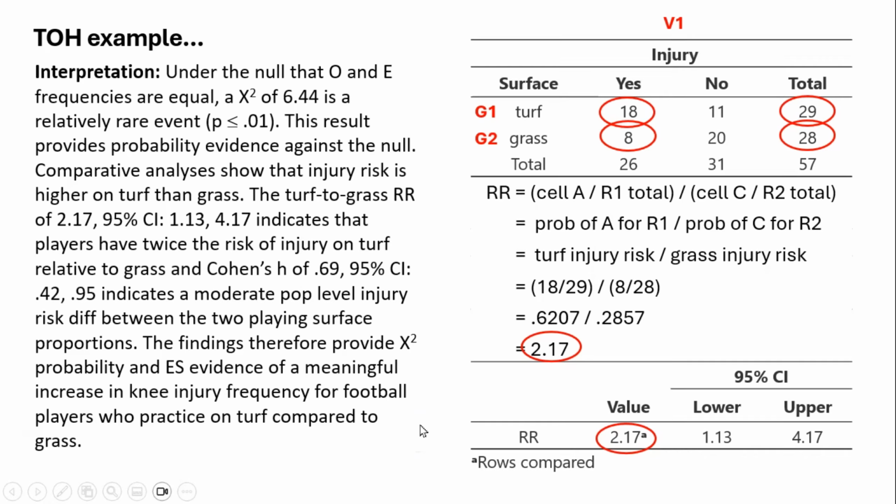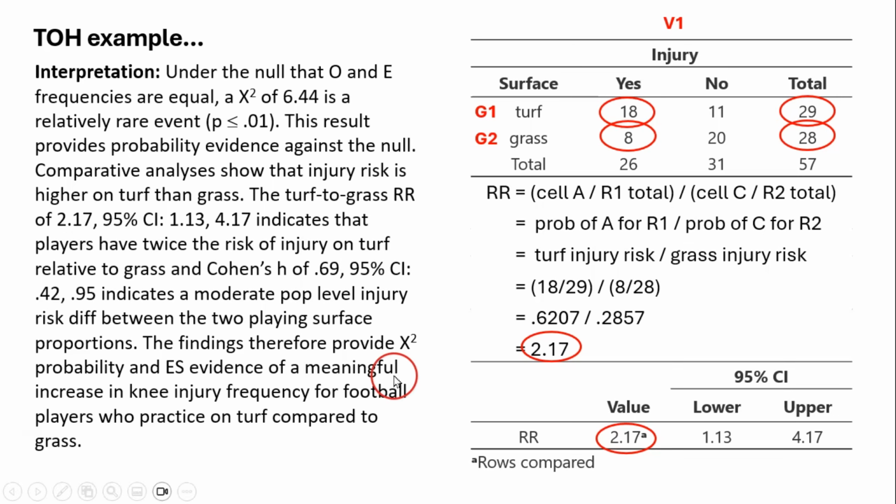Now, one thing you want to note on this one is that we want things to match up, meaning that we've set up the table such that we can interpret the risk ratio appropriately in terms of a yes for injury risk, because we're really interested in the actual risk of the injury.